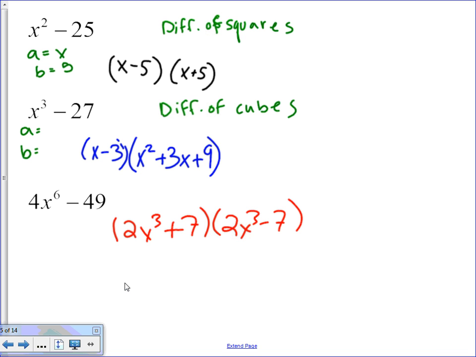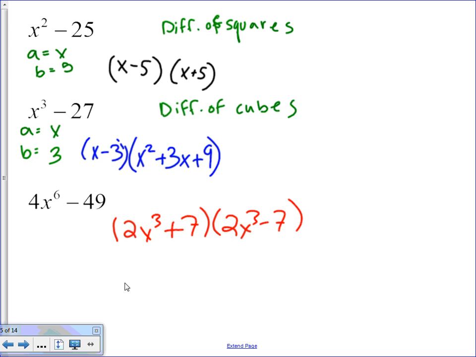What is the cube root of x cubed? X. What is the cube root of 27? 3. Now, one of the big things that I see students do is sometimes they'll assign the cube root of 27 as a negative 3. But the key about the special factor patterns is you don't worry about the signs because the sign is all done in the pattern, right? So you always just call it the positive value.